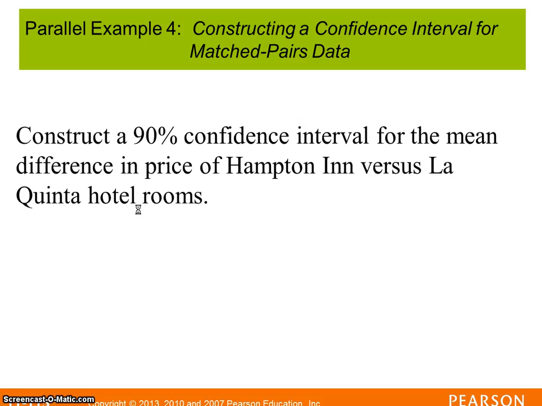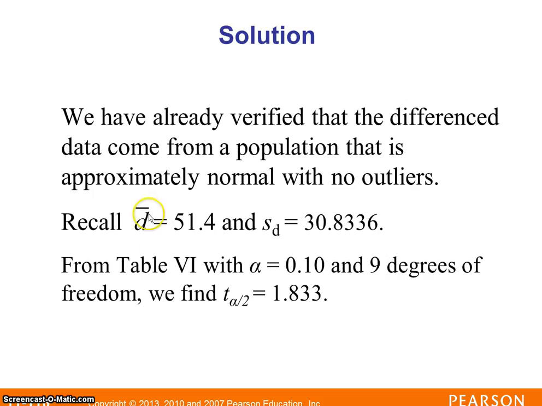So here's an example. Let's say we wanted to construct a 90% confidence interval for the mean difference in price between the Hampton Inn versus La Quinta hotel rooms using the data that we had before. We remember that we calculated the mean of the difference and the standard deviation. You can use either a table or StatCrunch to calculate the confidence interval.